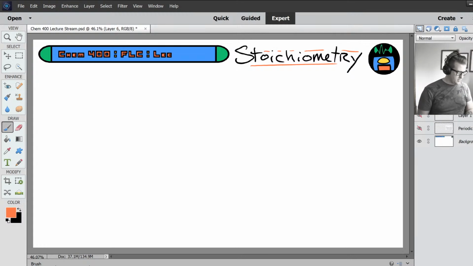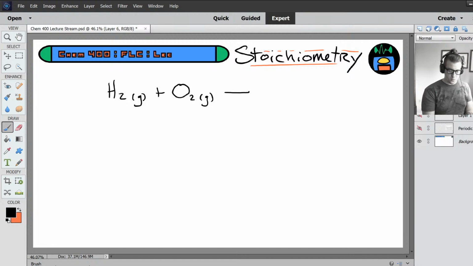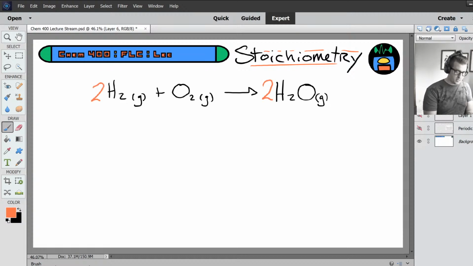Let's begin by looking at a familiar chemical equation. The combustion of hydrogen gas to produce water vapor. All right, now this equation as written is not balanced. I'm just going to balance it quickly for us here. You add a 2 in front of hydrogen and water, and the equation is now balanced.